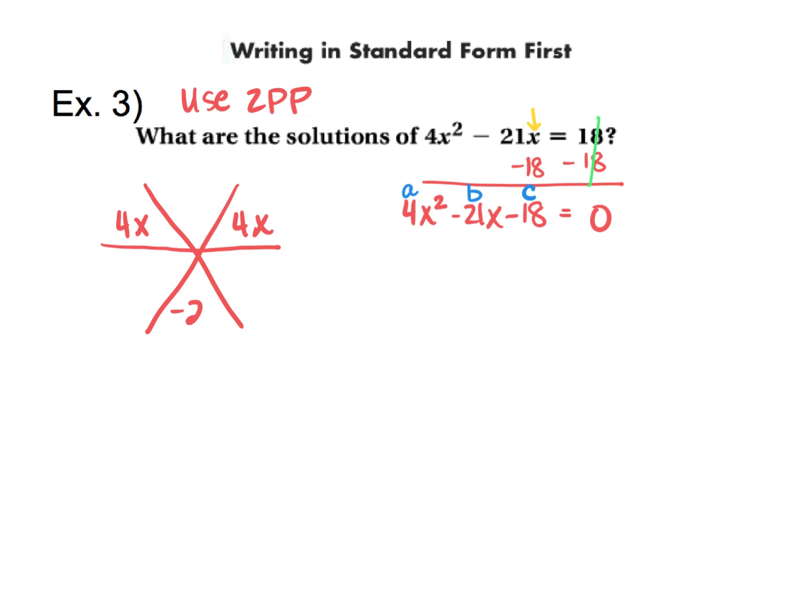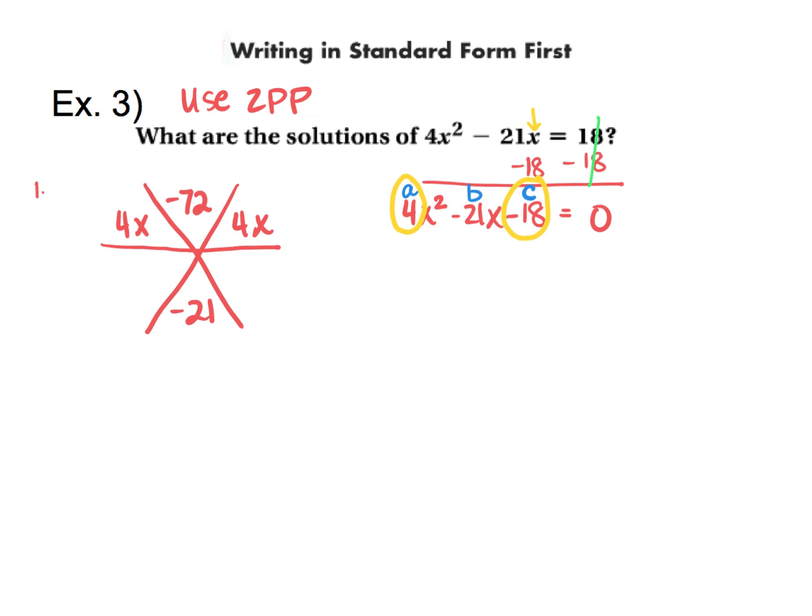We got negative 21 in the bottom, and then at the top is going to go the multiplication of the A term, which is 4, and the C term, which is negative 18, and that is going to give us negative 72. And we've got to come up with all the ways. If you've got negative 72, how can you come up with 21 from those things? So we got to start going through the options of how to make negative 72.